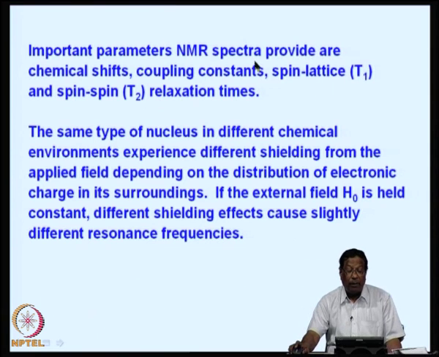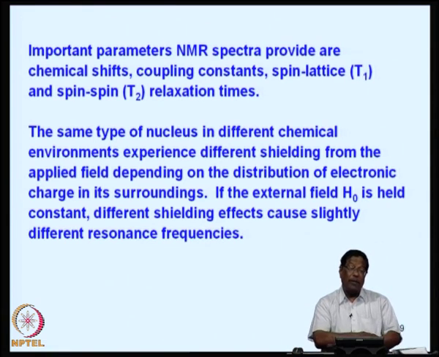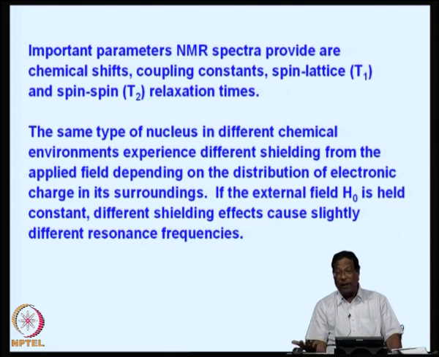Other important parameters that NMR spectra provide are chemical shifts, coupling constants, spin lattice and spin-spin relaxation times. The same type of nucleus in different chemical environments experiences different kinds of shielding from the applied field depending upon the distribution of the electronic charge in its surroundings.